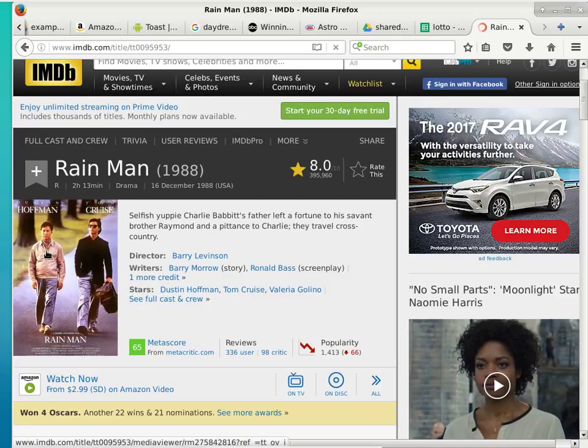So Dustin Hoffman has a condition. Somebody spilled toothpicks, and he can count the number of toothpicks almost instantaneously. So Tom Cruise took him to a casino because he can count cards like nobody else can.